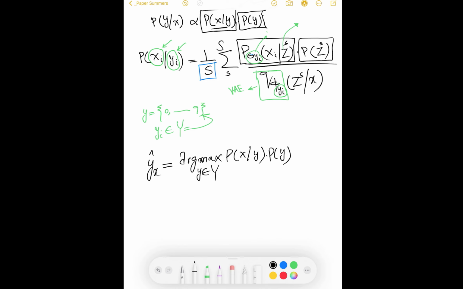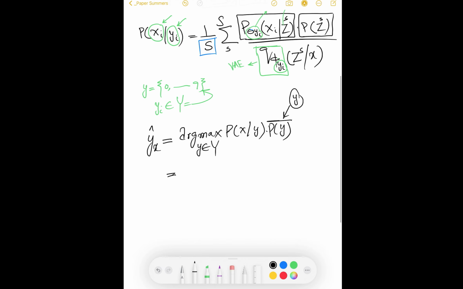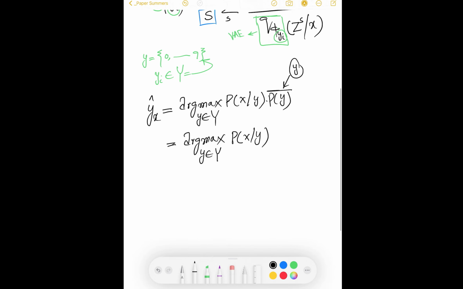Okay, so in the paper, the author assume a uniform prior on all y, so we can ignore it and we can rewrite the expression like this, right?